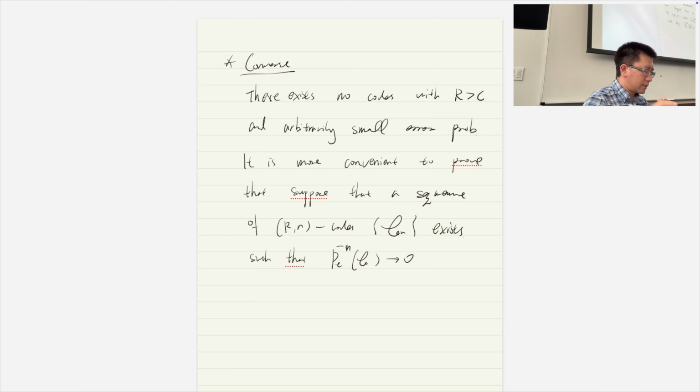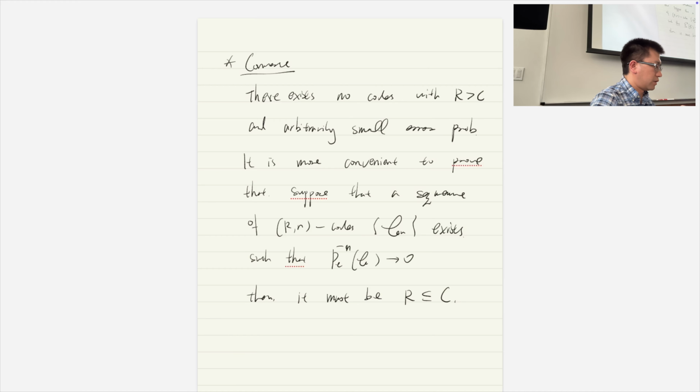Such that this goes to 0, then it must be that R is less than or equal to C. See whether it makes sense or not. Basically, if we show that for any code, if the error goes to 0, then R has to be less than C. So for information theoretic converse, we always do that for channel coding.